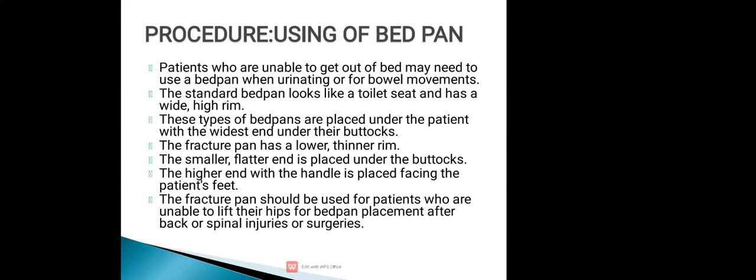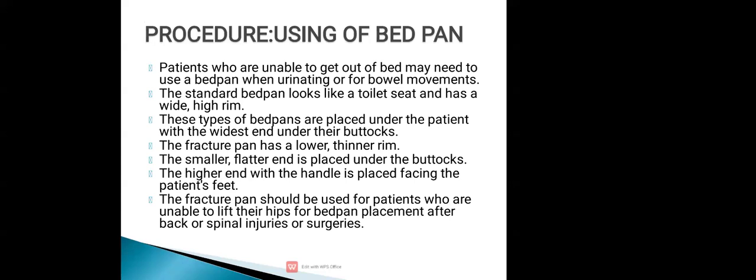Now, the fracture pan has a lower and thinner rim. The smaller and flatter end is placed under the buttocks. Whichever one you use, the higher end with the handle is placed facing the patient's feet.